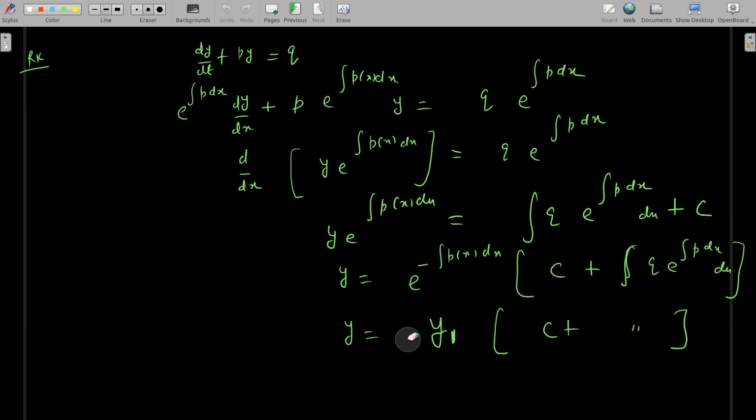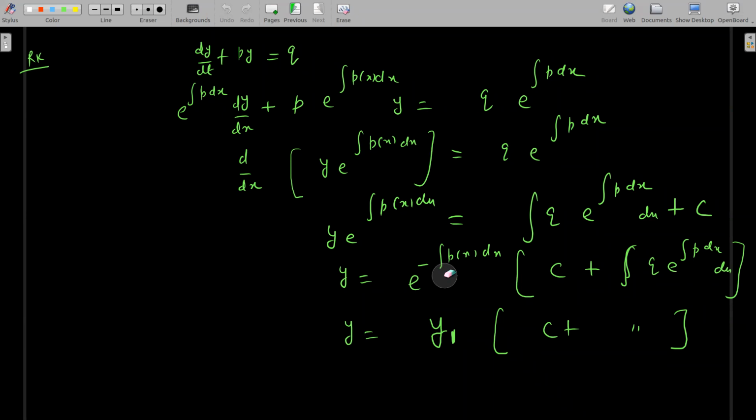Okay, e power minus this was the solution of the homogeneous. So what we are trying to do is variation of parameter, which is applicable for first order, second order and higher order, and we will use this method many times. That's why what you have learned in college, I am writing in terms of variation of parameter.